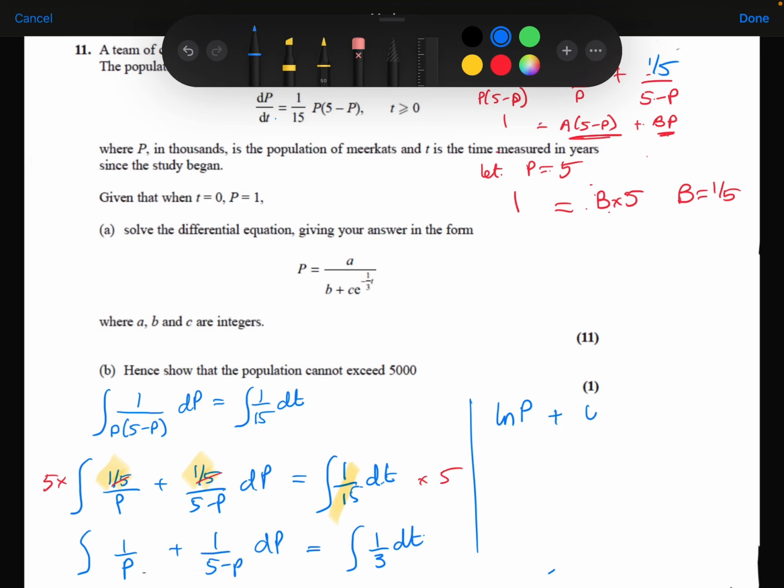That's going to integrate to be ln 5 minus p, but by the reverse chain rule I'd have to divide by -1 because of the minus p there. So dividing by -1 would actually make this become a minus ln 5 minus p. On the right hand side, the 1/3 will integrate to be 1/3 t, and I've got a plus c as well.